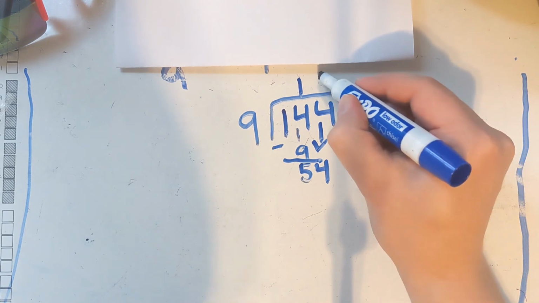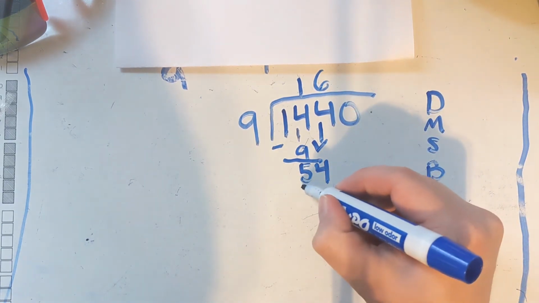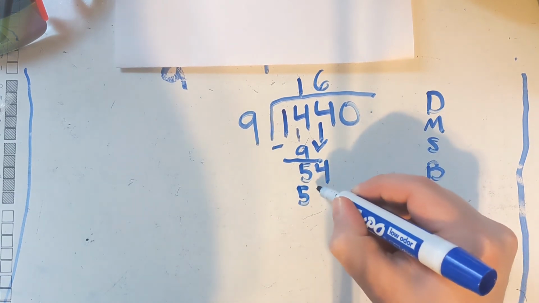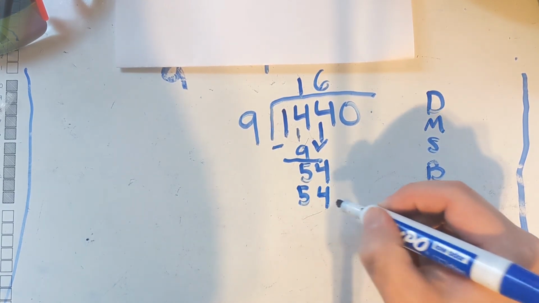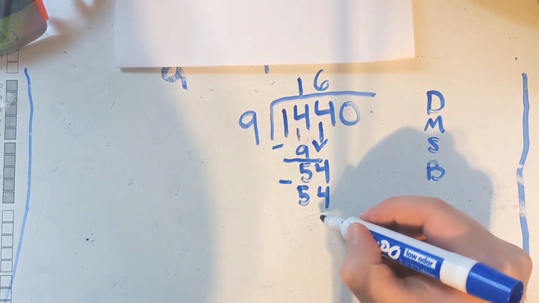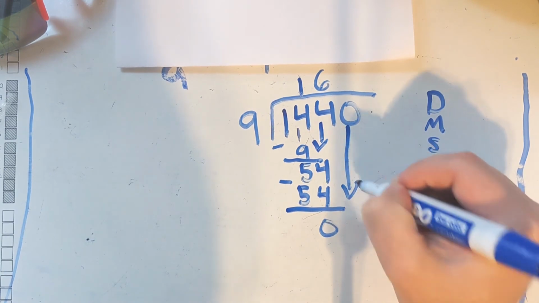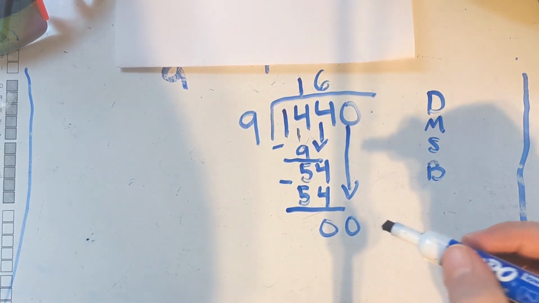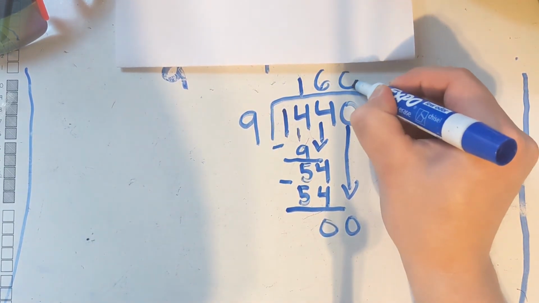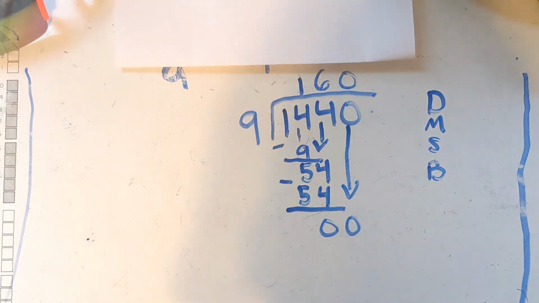It'll go in there 6 times, which is 54. All right, 54 minus 54 is 0. Bring down my 0. How many times will 9 go into 0? It'll go into there 0 times, giving me 160.